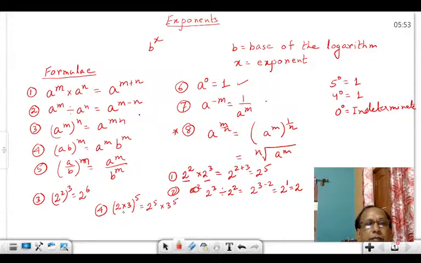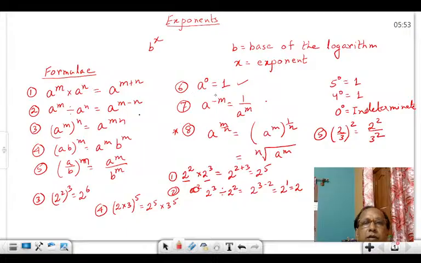And in 5, a by b to the power m. Suppose 2 by 3 to the power 2, then it can be written as 2 to the power 2 and 3 to the power 2. In this way, you can write all the formulas, right?